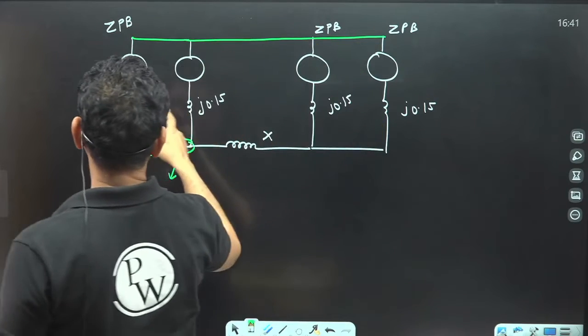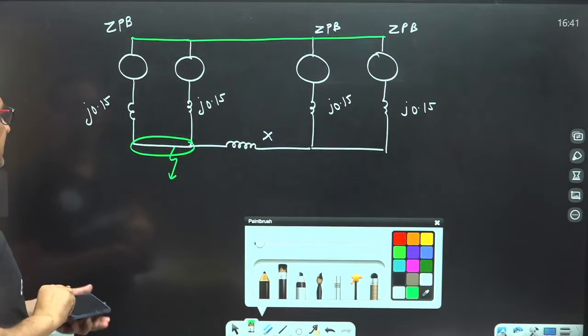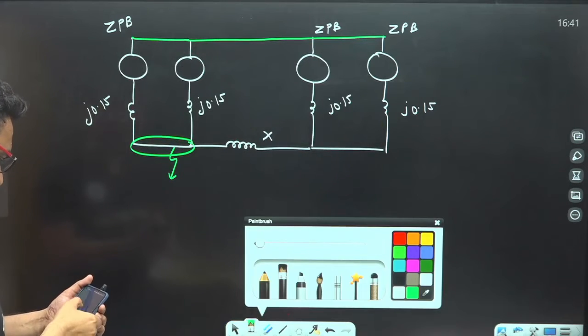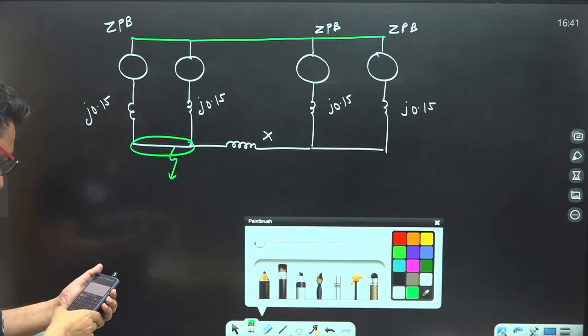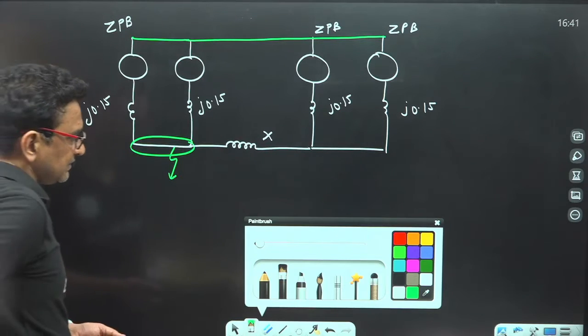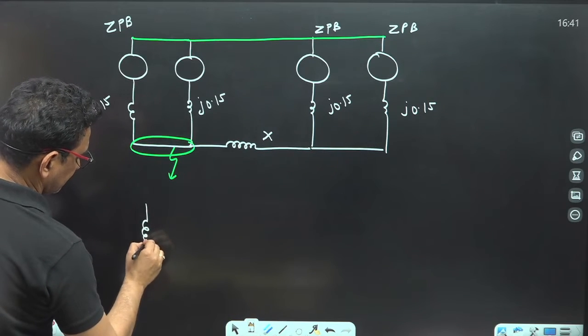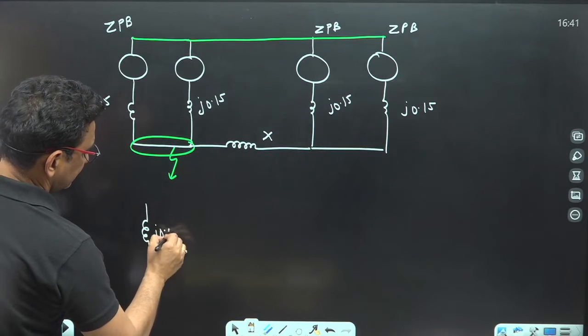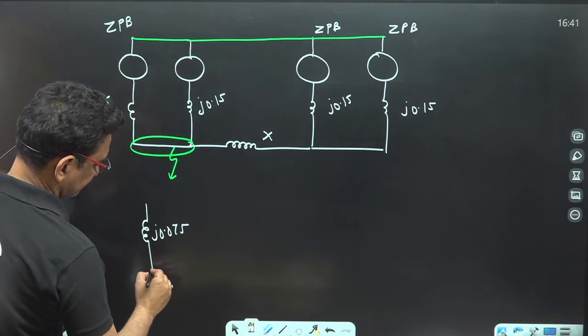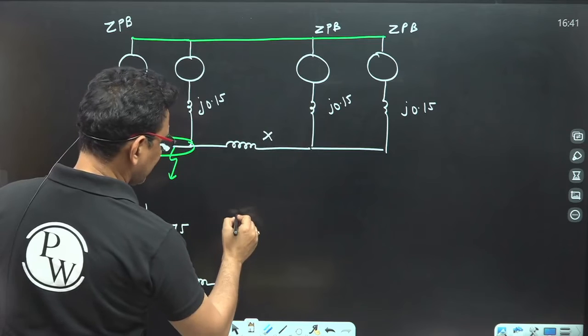So 0.15 and 0.15 are connected in parallel. So their overall value becomes 0.15 divided by 2, which is 0.075. This is 0.075.